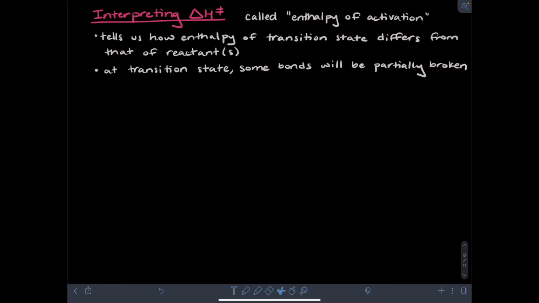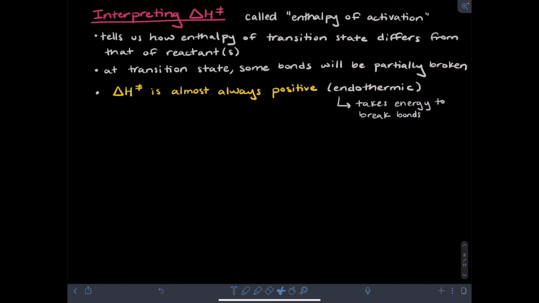And usually, bonds are more broken at the transition state than they are formed. This means that the enthalpy of activation term is almost always positive, indicating that this term is endothermic. This is because it takes energy to break bonds. So almost always expect for delta H double dagger to be positive.